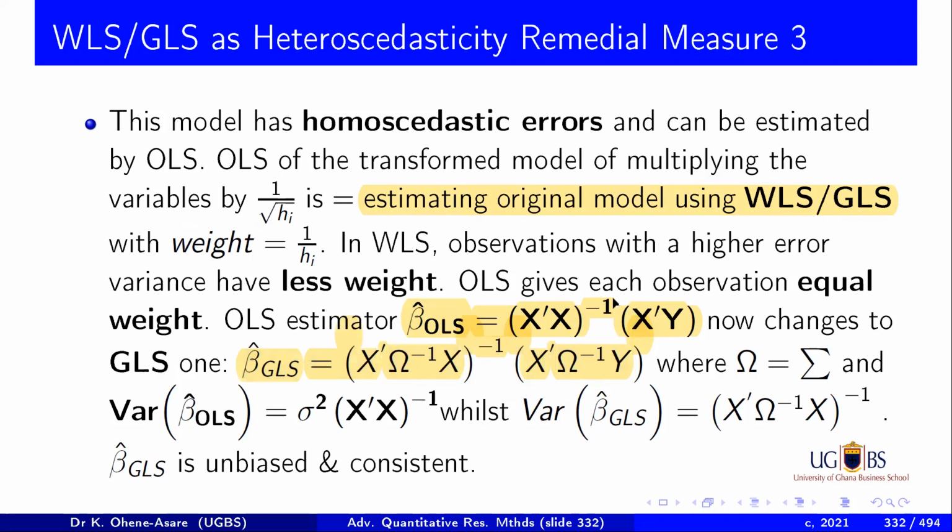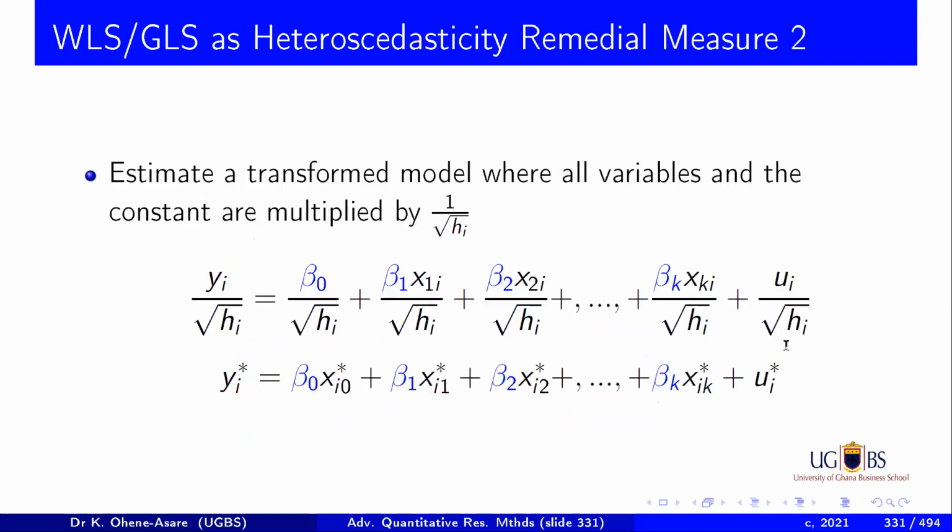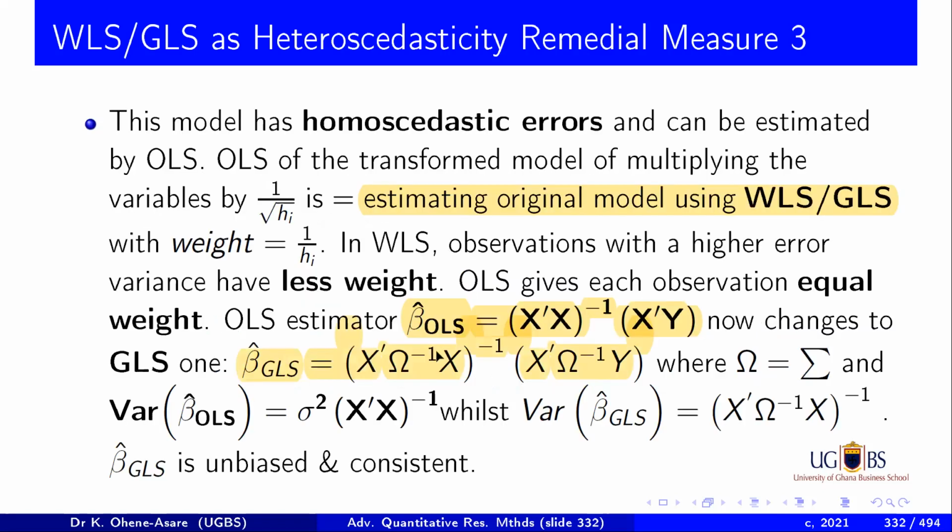Everything else is almost the same, but the only thing is that there's an omega raised to the power -1. That omega raised to the power -1 is just a transpose of the summation sign, the summation sign that will be incorporated during the multiplication of the model. And that will capture those multiplication summation signs.